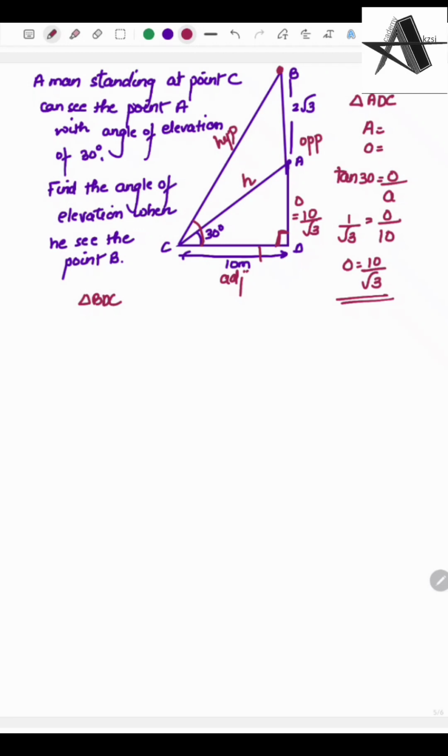If you see the bigger triangle, this whole height we know, which is 2 root 3 plus 10 over root 3. So that means opposite is known. It's 2 root 3 plus 10 over root 3. We have adjacent, which is 10 centimeters.